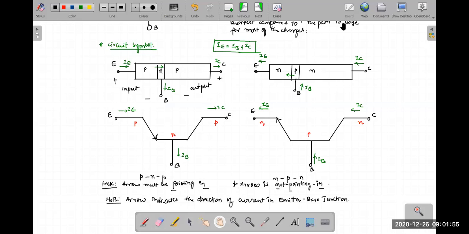Understood? It's a transistor device. So you don't have individual applications for the emitter or collector or base. Collectively, the transistor has some applications. Those applications we'll discuss once we have completely studied this transistor.